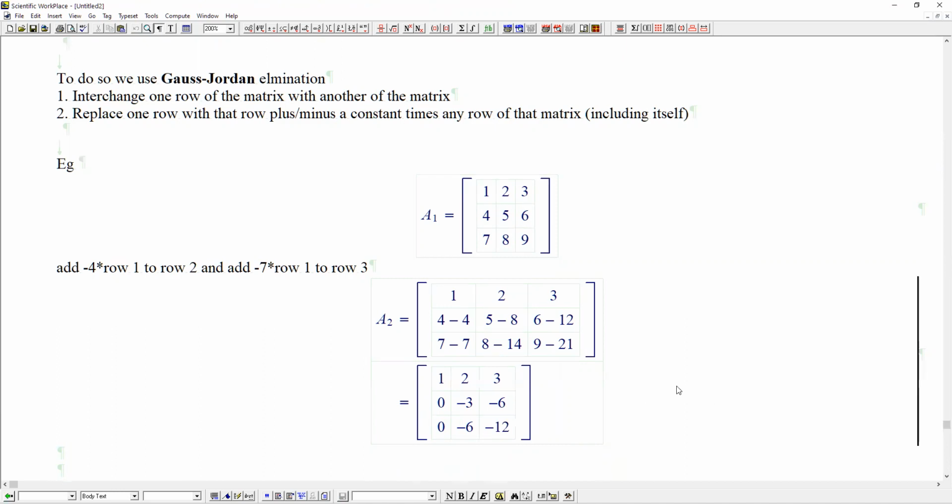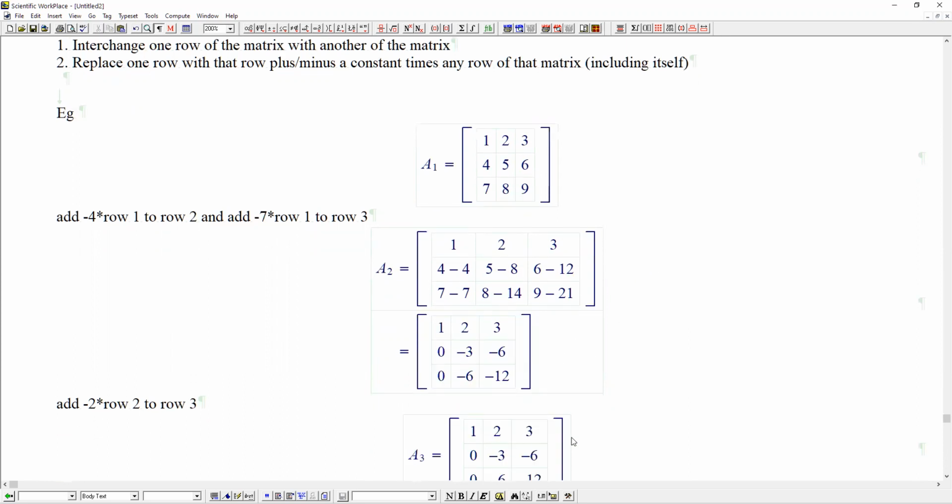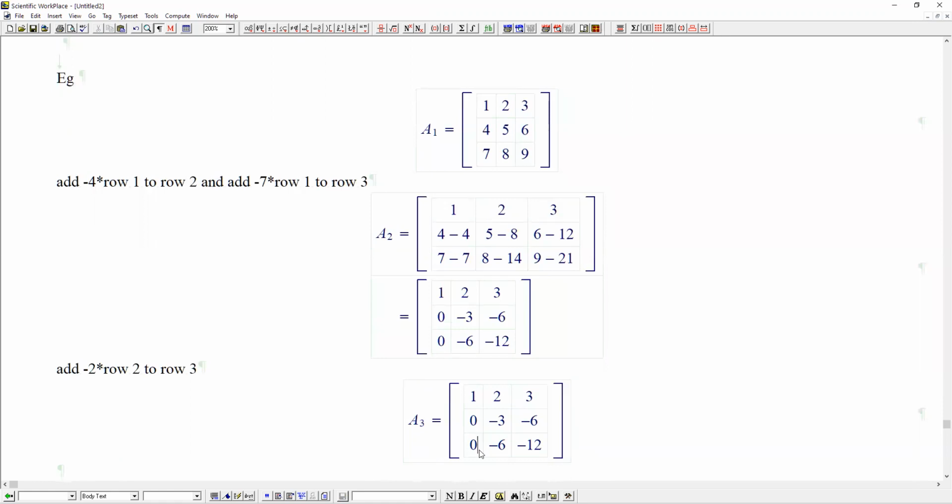And then what I can do is add -2 times row 2 to row 3. I would get A3 equals 2. 0 times -2 is 0.